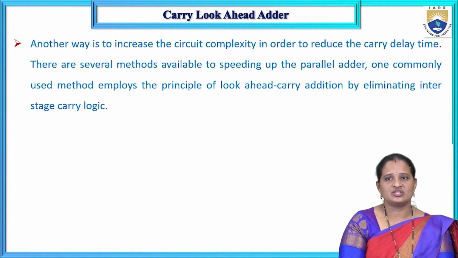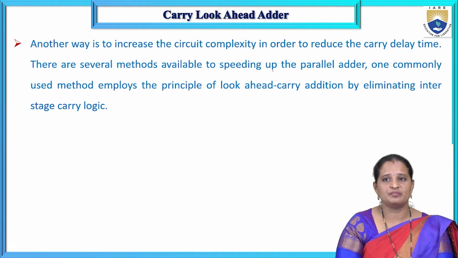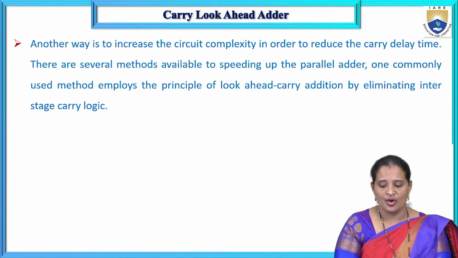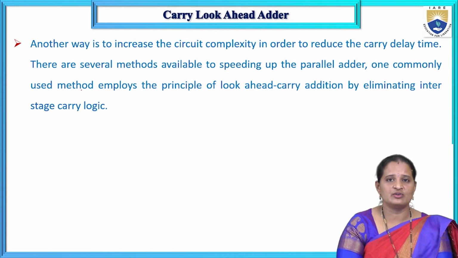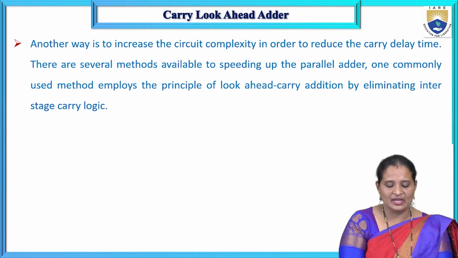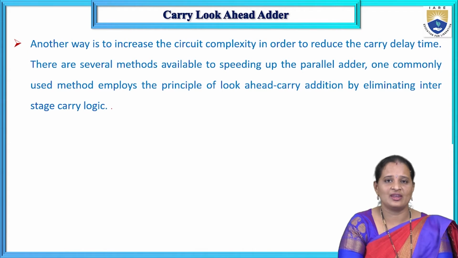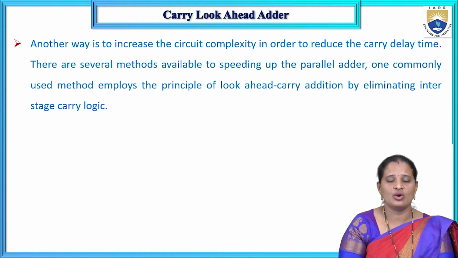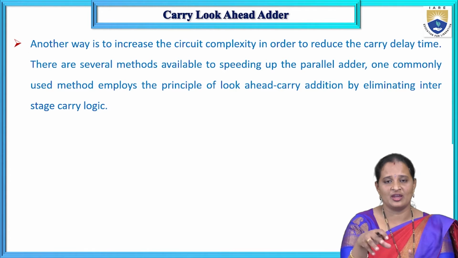There are several methods available to speed up the parallel adder. One commonly used method employs the principle of look-ahead carry addition by eliminating the interstage carry logic. So in another way, we can reduce the propagation delay by using the principle called carry look-ahead addition, which can eliminate the interstage carry logic.